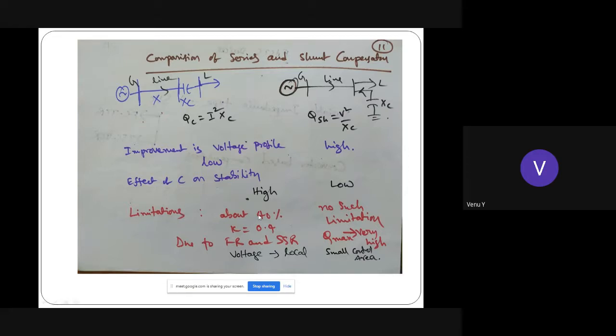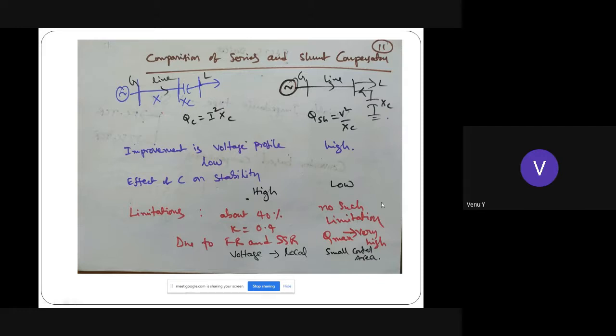Coming to the next point, the series compensator has limitations because of the drawbacks, ferro resonance as well as subsynchronous resonance. Therefore, the maximum allowable fixed series compensation is up to 40%, 40 to 50% maximum.